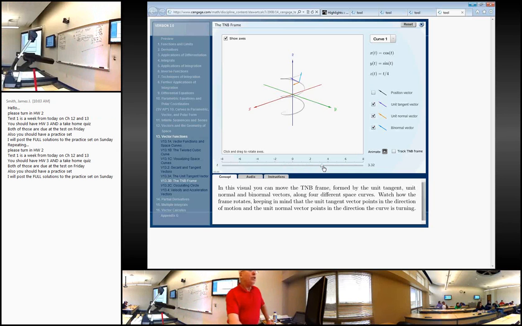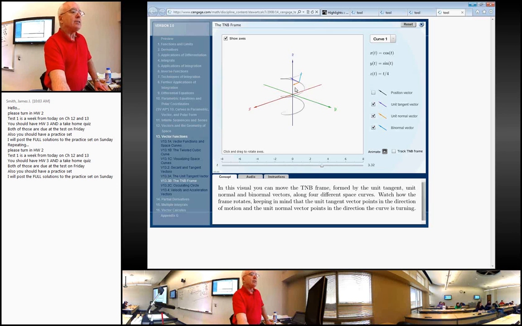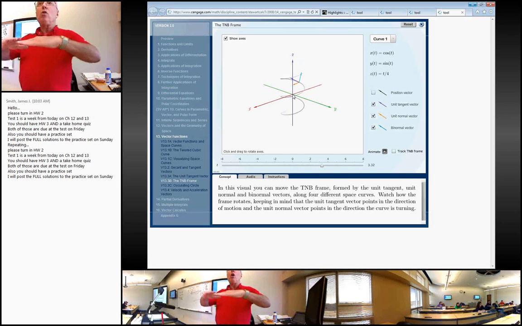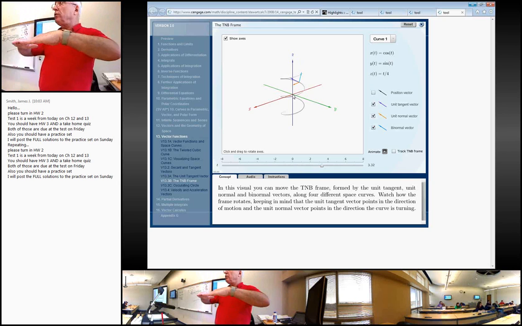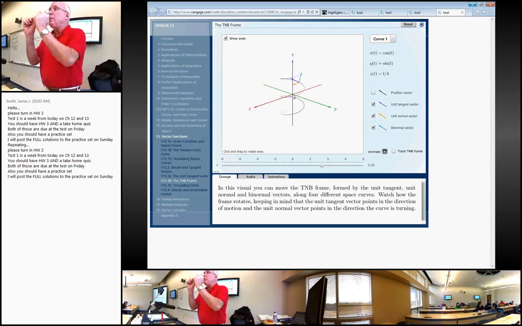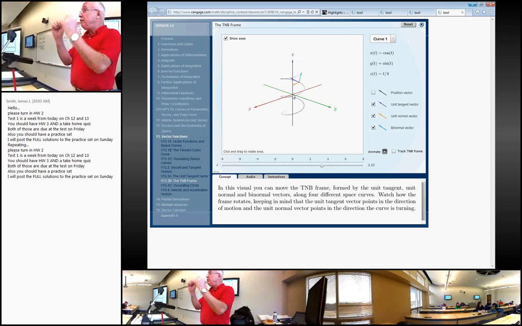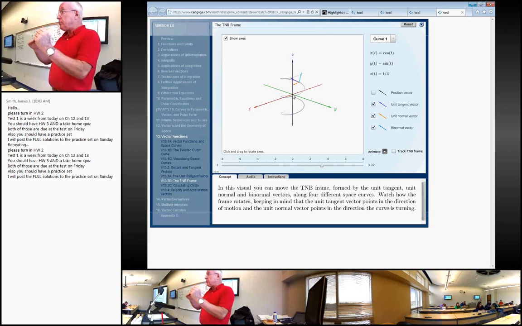What you can view these as is, look at this. In general, we have the x-axis, the y-axis, and the z-axis, right? And they're all perpendicular to each other, those axes. What this gives us is for every point along the curve, a little individual set of perpendicular axes.